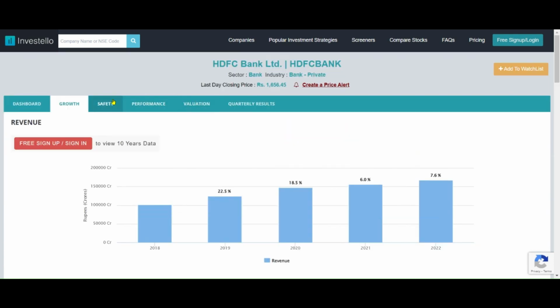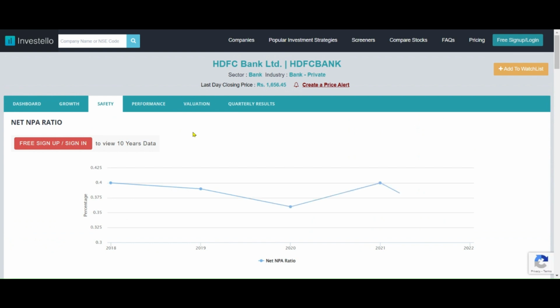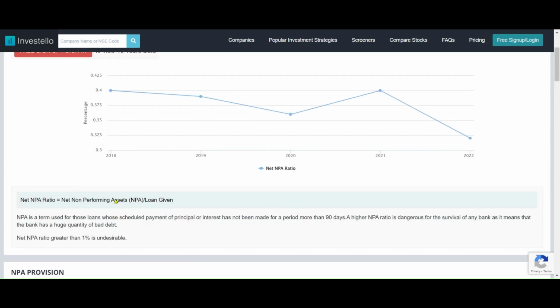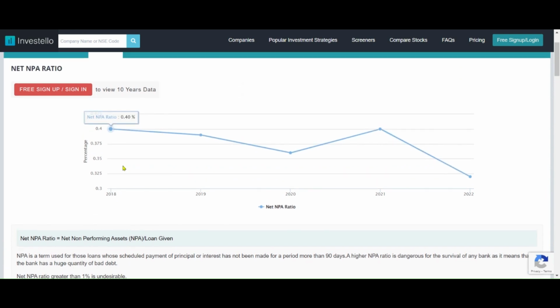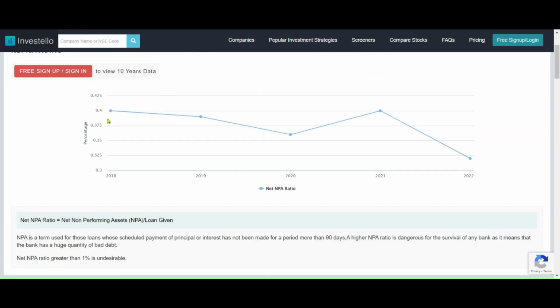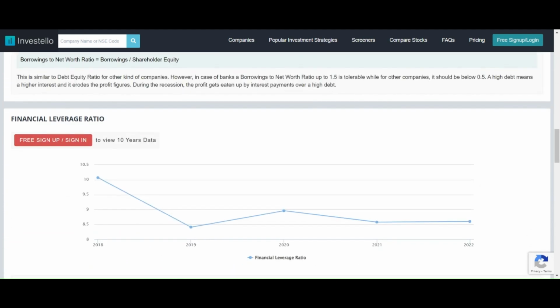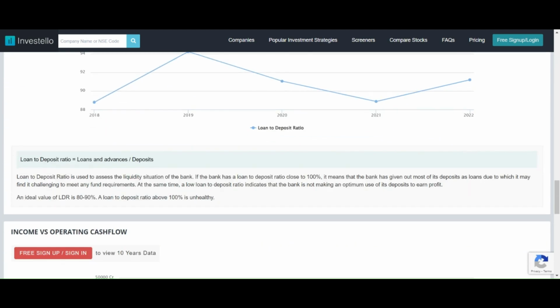Probably I will show the safety section, where you see the net NPA ratio, loan to deposit ratio.